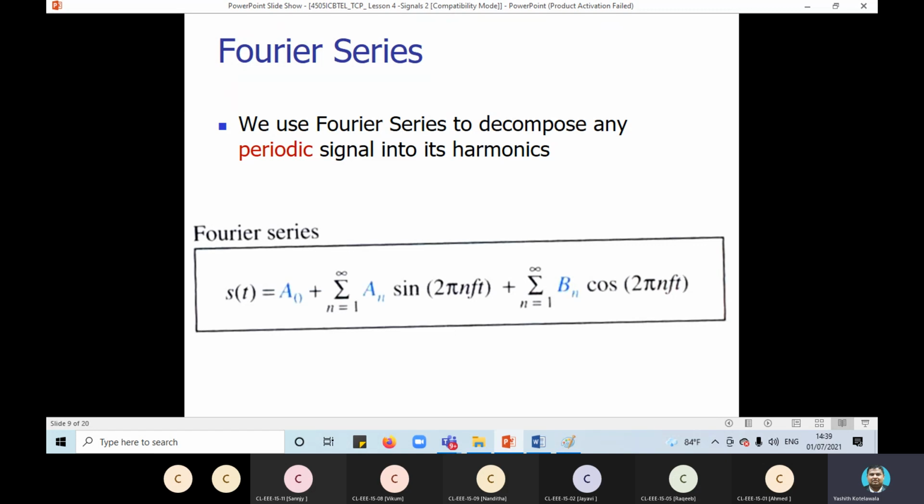So let's start. Before understanding the Fourier series, if I show you, we basically have three components. When it comes to an expression, if you think about the right hand side of this equation, it's an expression: A0 plus another expression, then plus another expression. All together is a bigger expression.